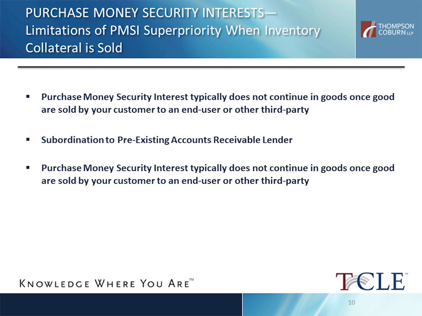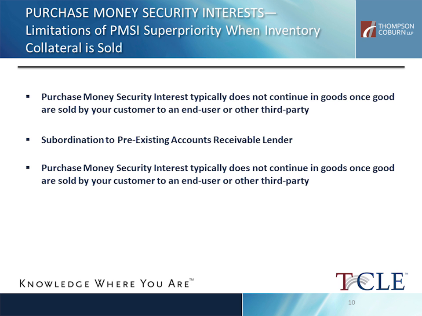Real quickly, on some of the limitations on purchase money security interest. It is an important and very advantageous remedy, but there are some limitations. First of all, if your customer resells the goods that you have obtained a purchase money security interest in, your purchase money security interest status will not continue in the goods when they're in the hands of the third party.